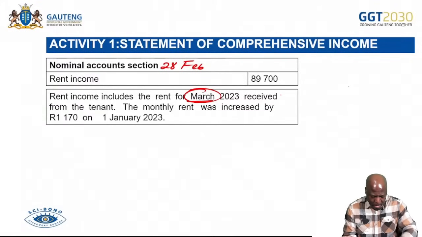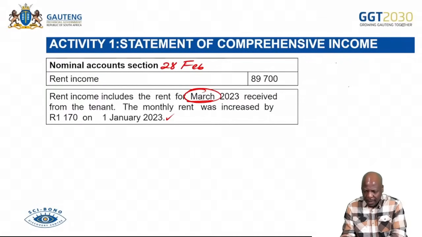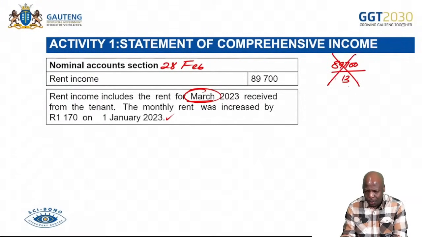We now say our rent income was increased on the 1st of January. Okay, so if I take 89,700 and I divide this by 13, is that correct? Certainly not. Why? Because there is an increase.